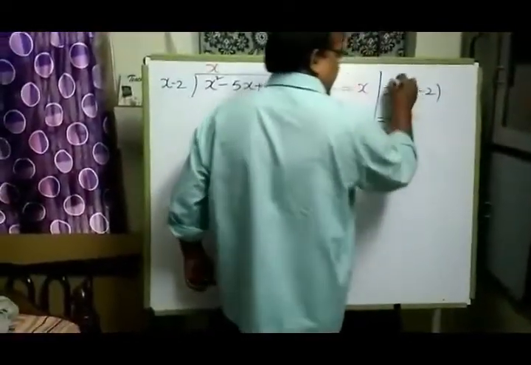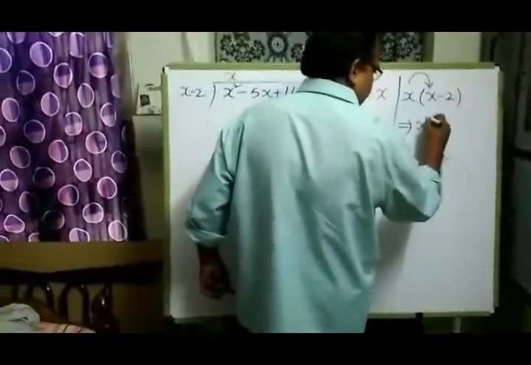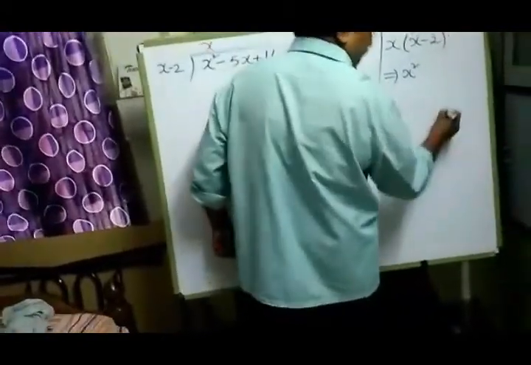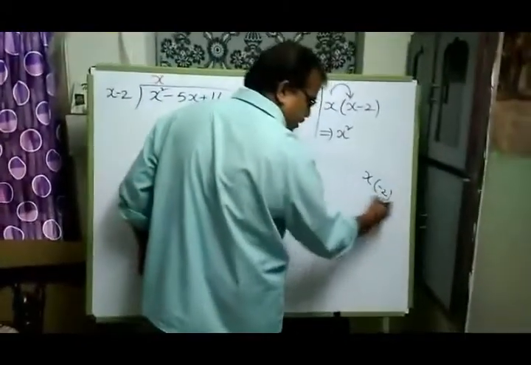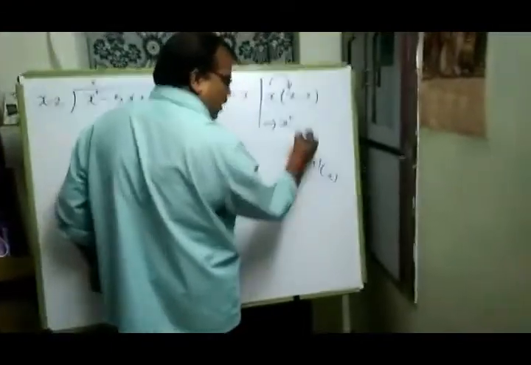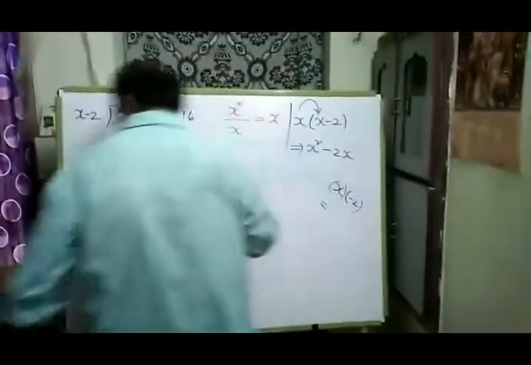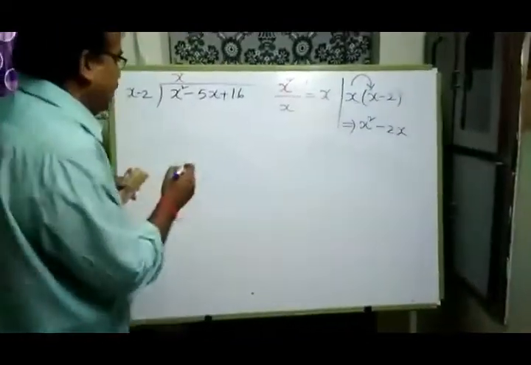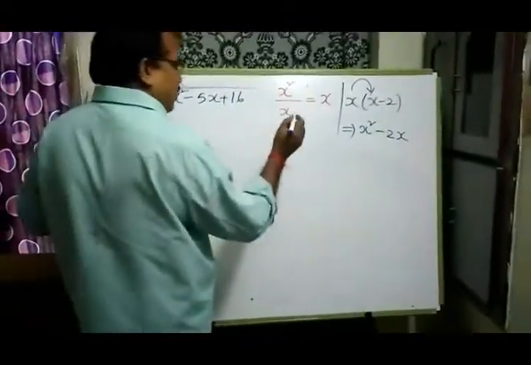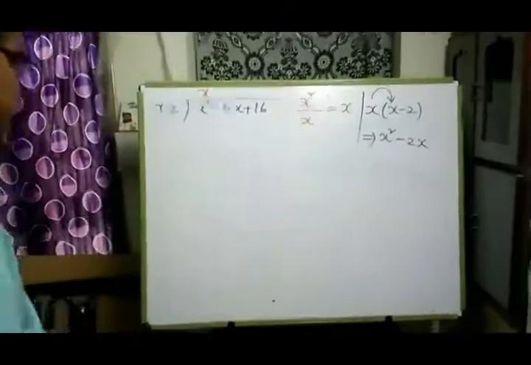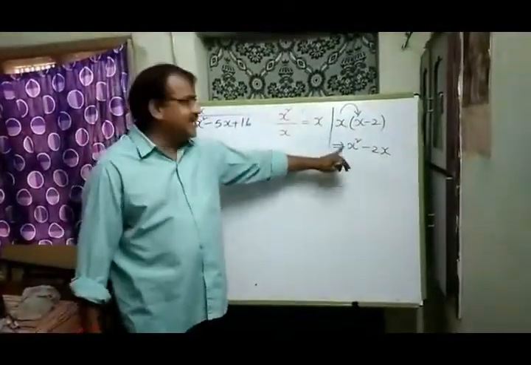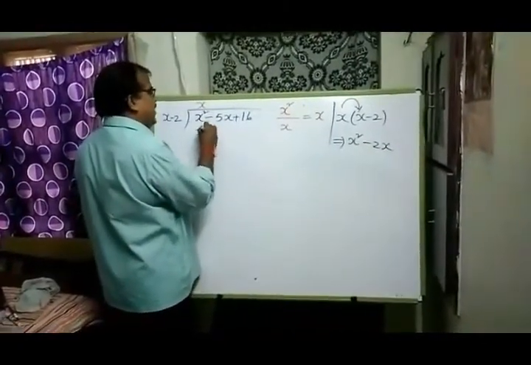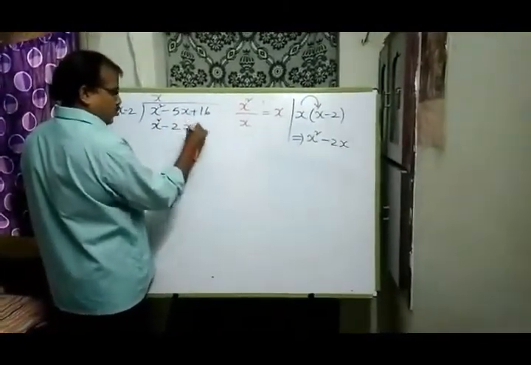That implies x into x is x square, and x into minus 2 is minus 2x. So x square minus 2x. Place the product, the result, below the dividend.